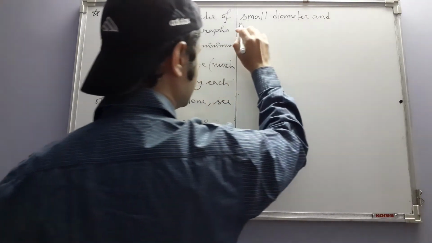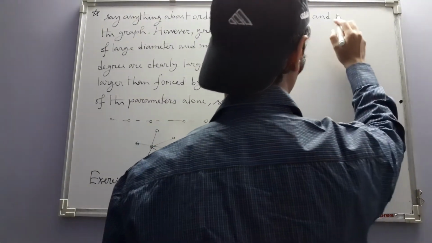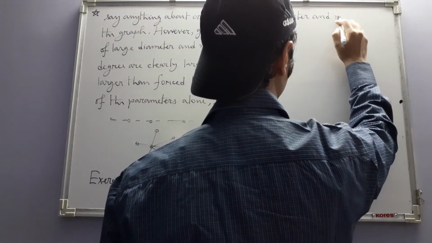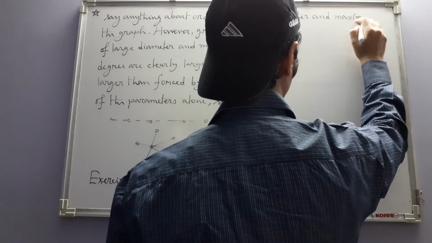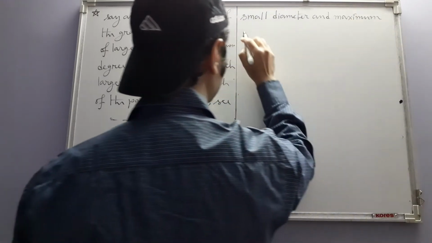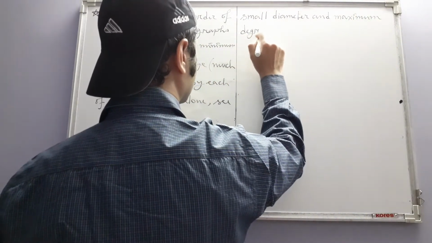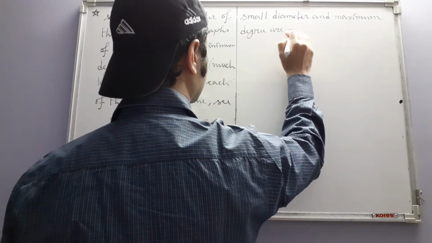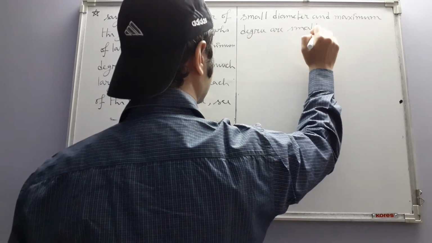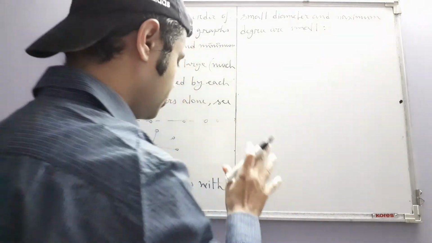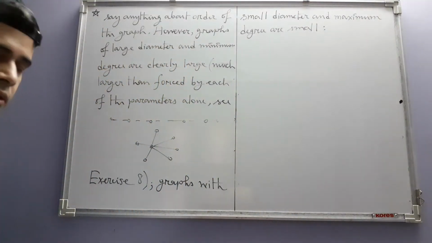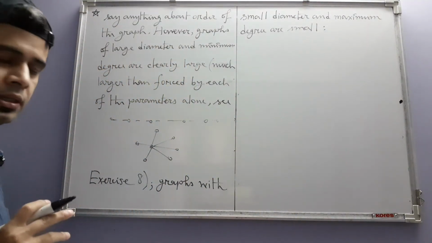And small maximum degree, we are just simply writing small ones. And which precisely the statement is this. This is a proposition. We are going to now state it and prove it.